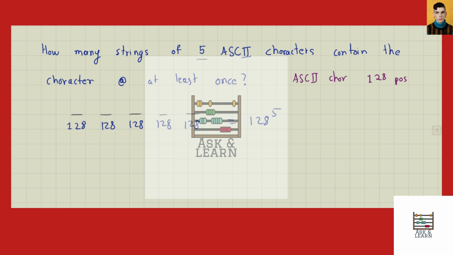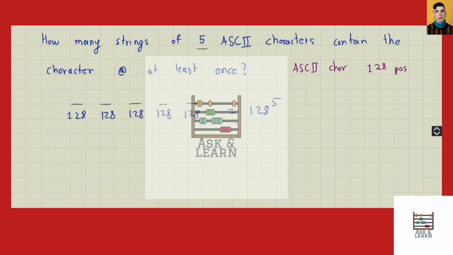Now the point is that in order to find only those strings that have the character at least once, we need to consider the strings that do not contain the character at.